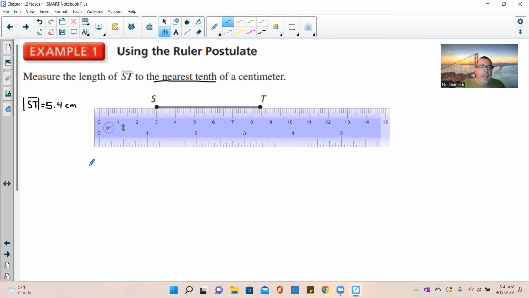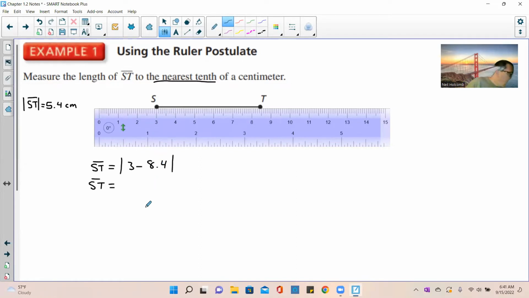So the length of segment ST is going to equal the absolute value of your starting point, 3, minus the right end, which looks like 8.4. It's always the left minus the right. So ST equals the absolute value of 3 minus 8.4.